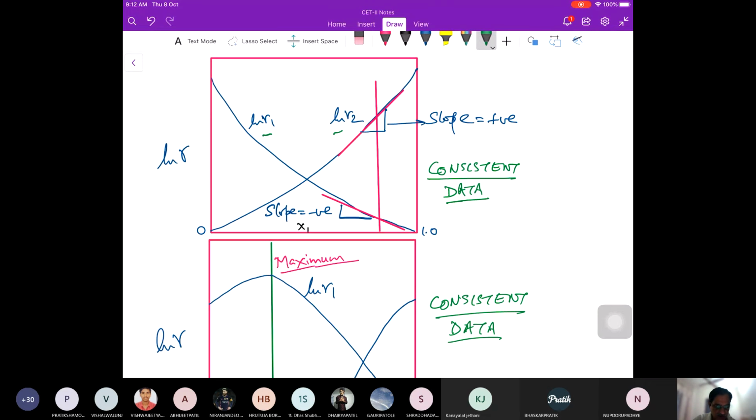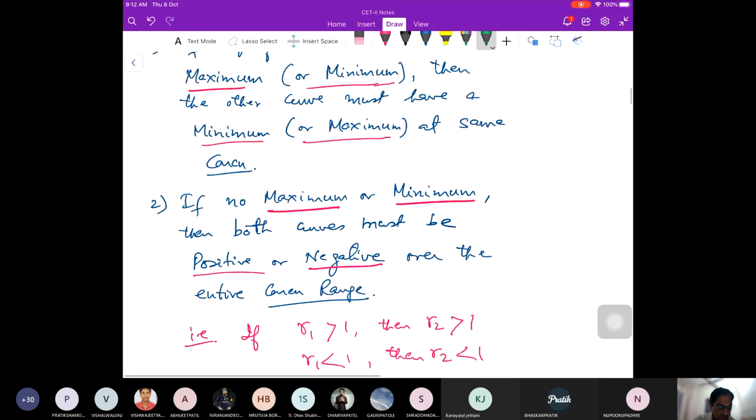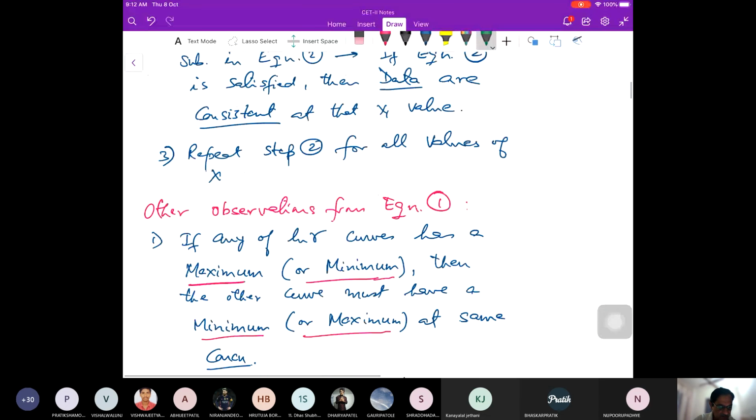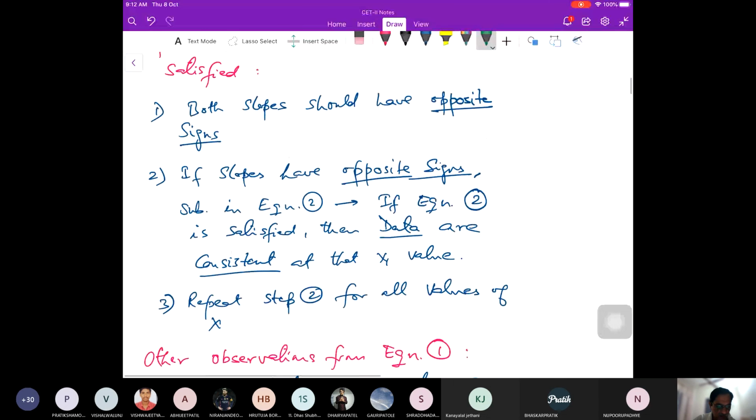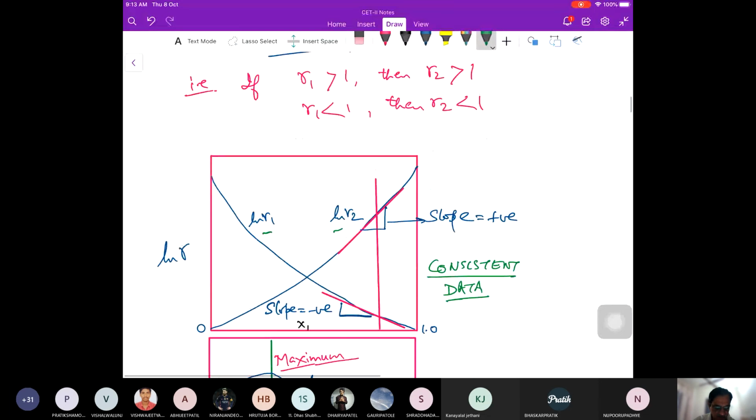So this is positive, this is negative. That's what we said here, the first condition: both slopes should have opposite signs. That means the Gibbs equation is satisfied by this data, and hence the data is consistent.